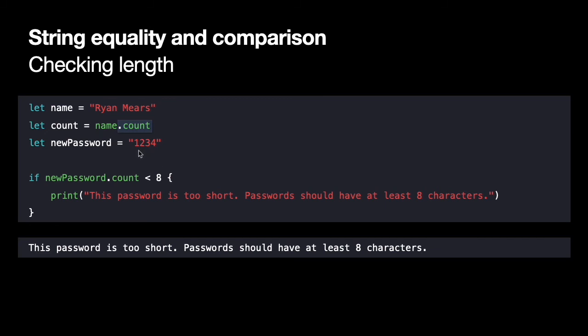Note that the number of visible characters is different from the size of the string in terms of memory. When we're doing count, we are counting how many characters there are. Because strings are Unicode, a particular character might be 1 byte or it might be multiple bytes, and we can't predict that just by looking at the characters.